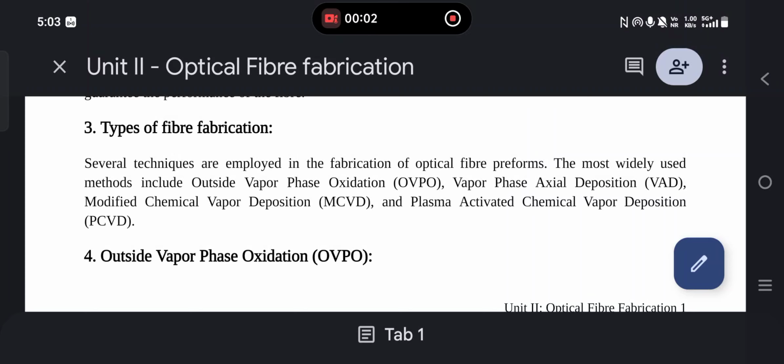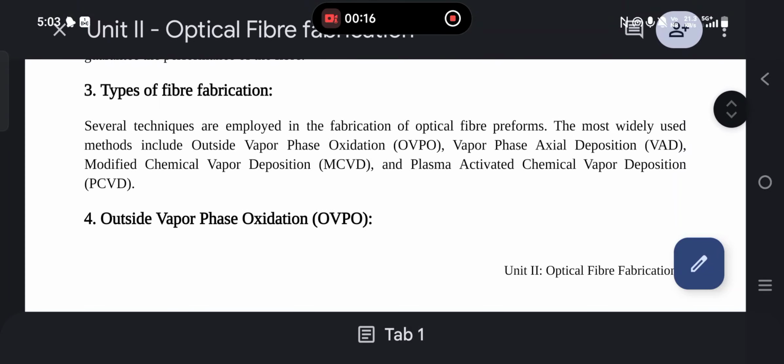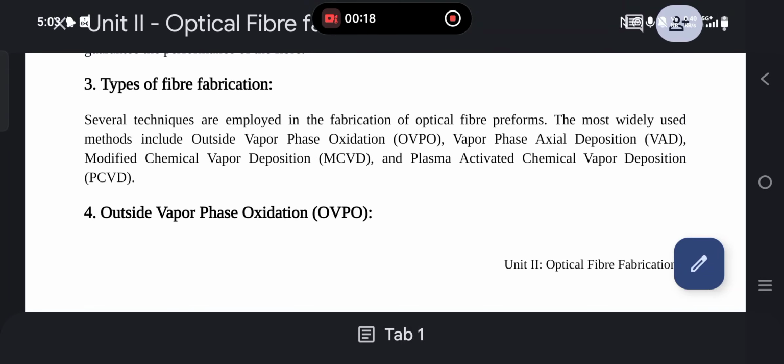So, in the previous video, we have seen the fiber fabrication techniques. Now, in this video, we will discuss each technique one by one. As we see here, there are several techniques employed in the fabrication of optical fiber.